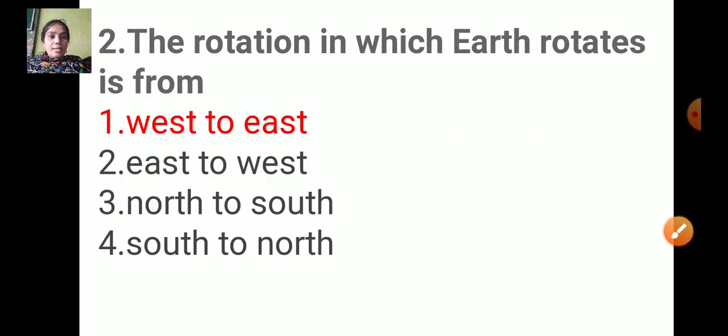And our second question: the direction in which earth rotates is from west to east, or east to west, north to south, or south to north. The earth always rotates from west to east.